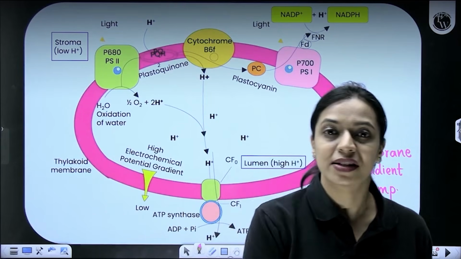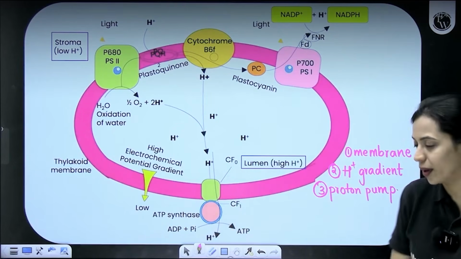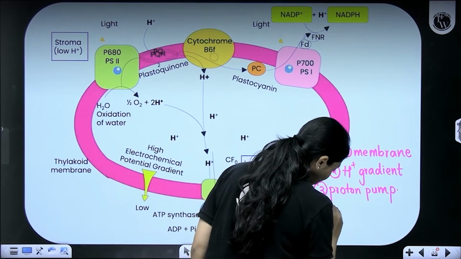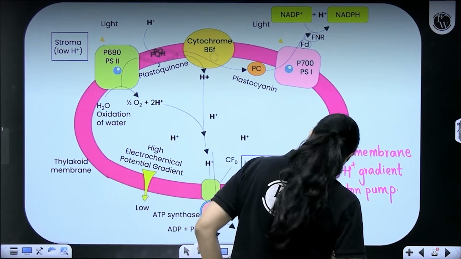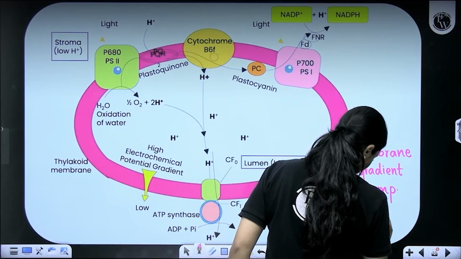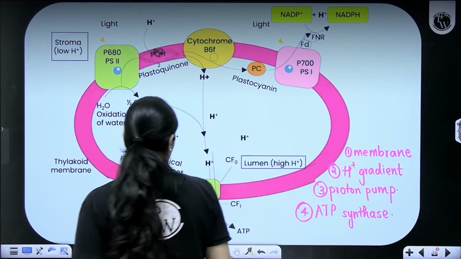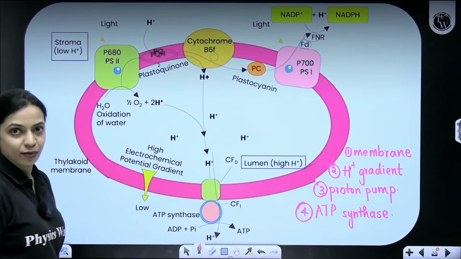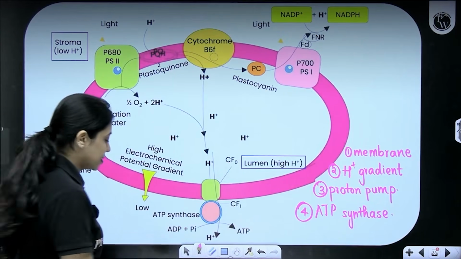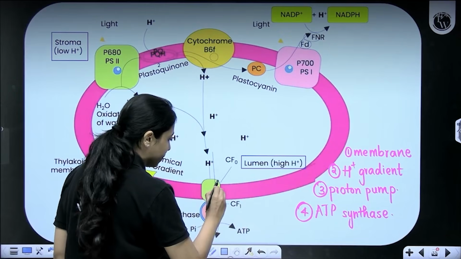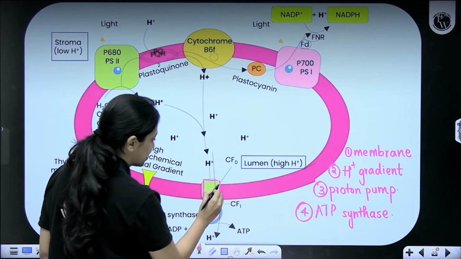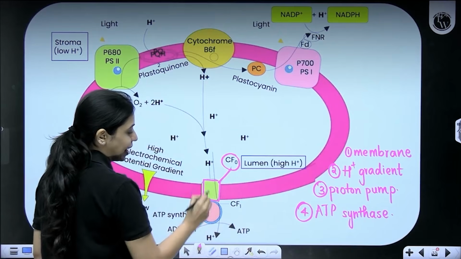For ATP to get synthesized, there is an enzyme required that is called ATP synthase. So this ATP synthase molecule is a membrane bound enzyme. Okay, so this ATP synthase also is present within the membrane itself. This ATP synthase has two parts, a membrane bound CF0 particle.